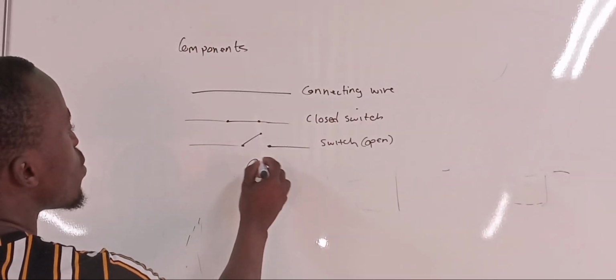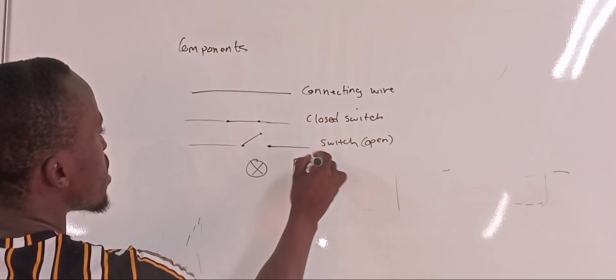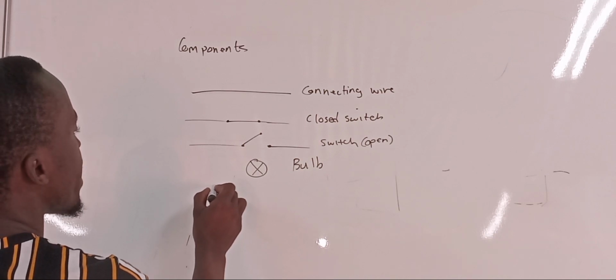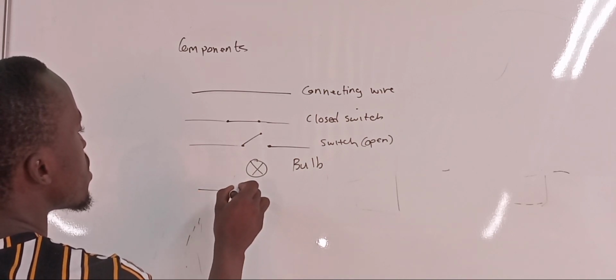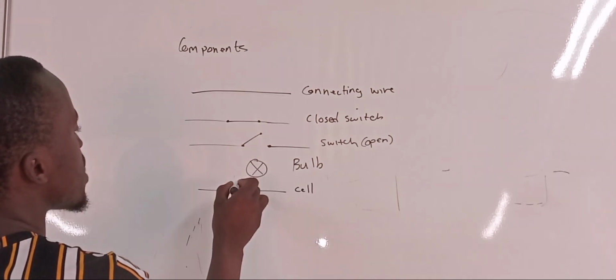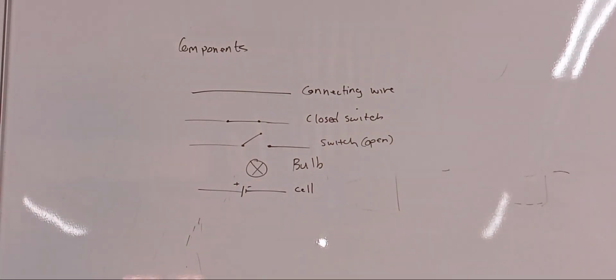Then we have something known as a bulb. Then we have a cell. We said that a cell has a long terminal, the positive terminal, and the short one is the negative terminal.